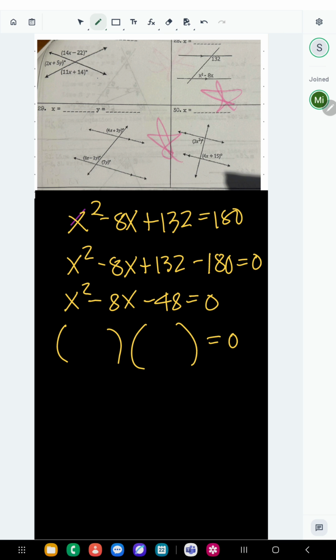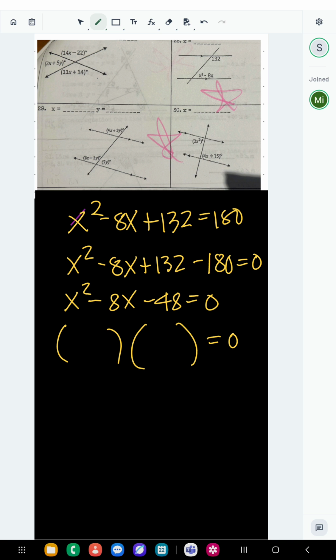For negative 48, you look for two numbers that multiply to negative 48, so one of the numbers is negative. In this case, one number should be negative and the other one should be positive.